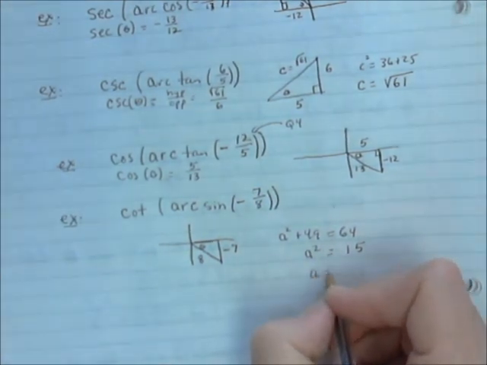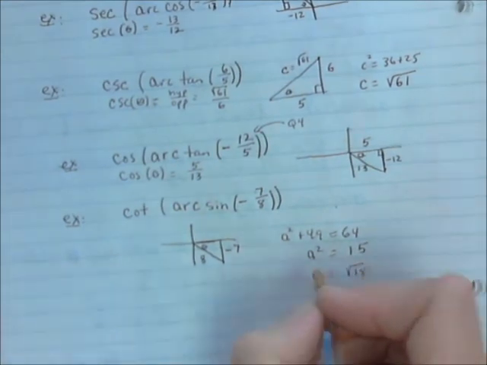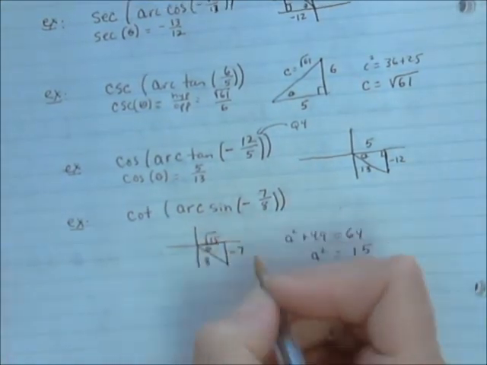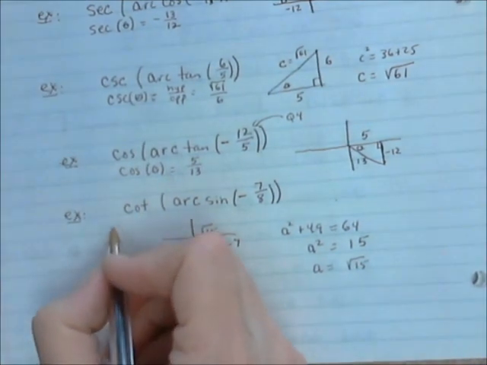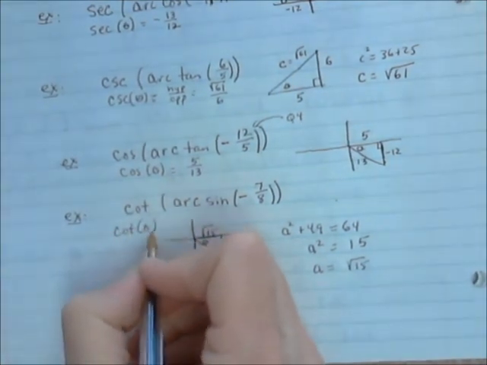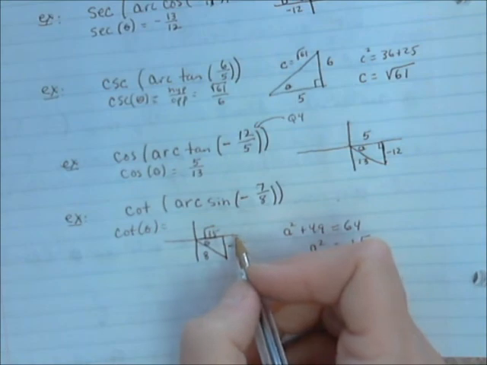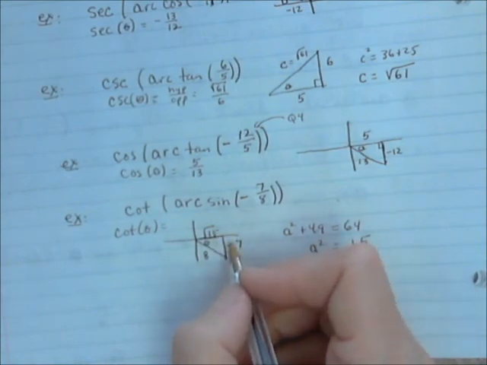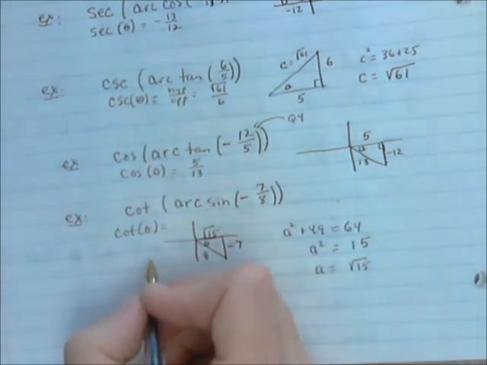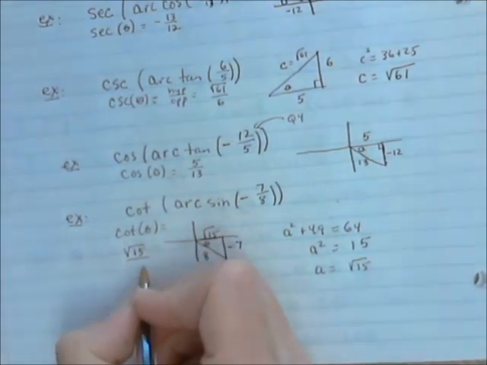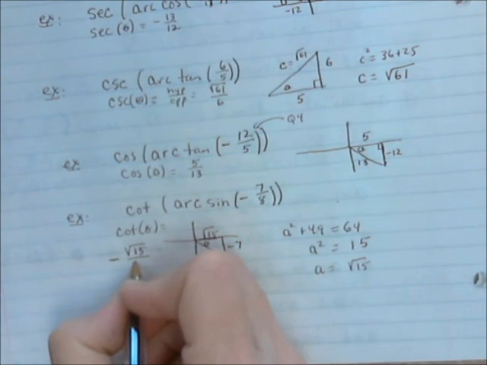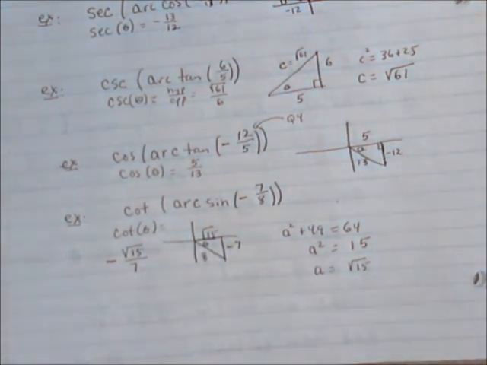So a is equal to the square root of 15. And since I'm finding cotangent, cotangent of theta is equal to adjacent over opposite. So the adjacent over opposite is the square root of 15 over -7. So we'll just make that whole answer negative. And our final result is negative the square root of 15 over 7.